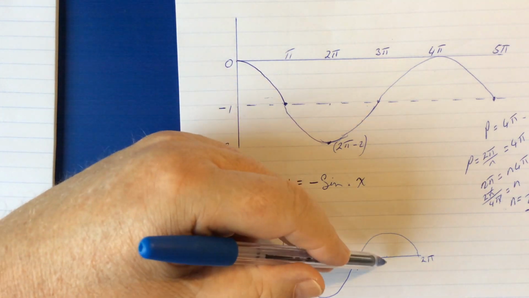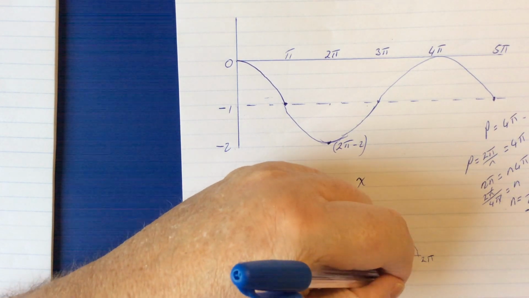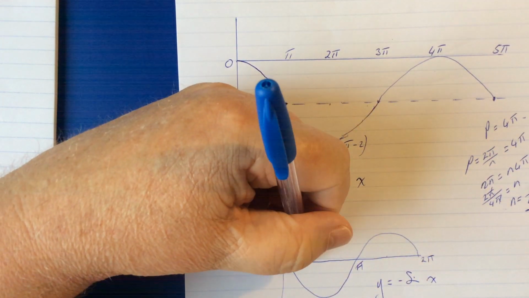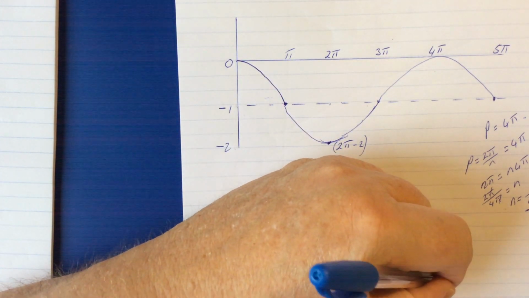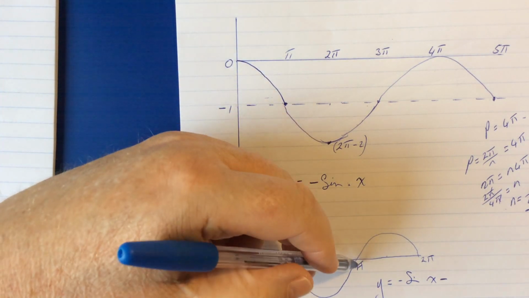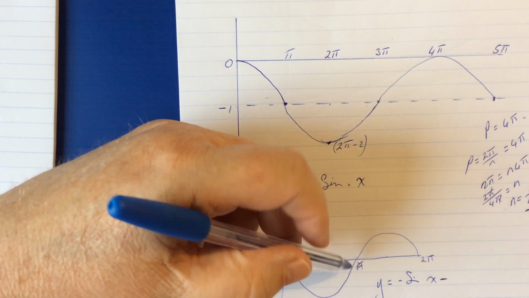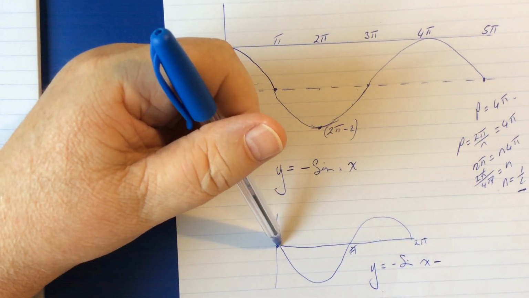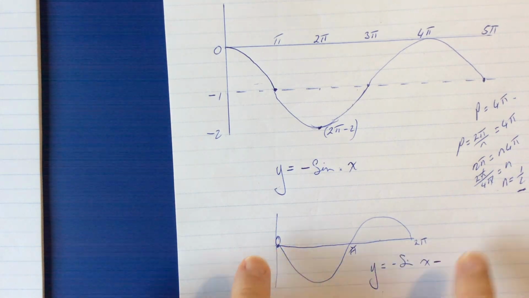Now if I move this graph, which is y equals negative sine x, to the right, I can do the following. I don't want to move this all the way to pi, because the next thing that I want to do after I've made all of these changes is that I want to elongate this. I want to double the period.